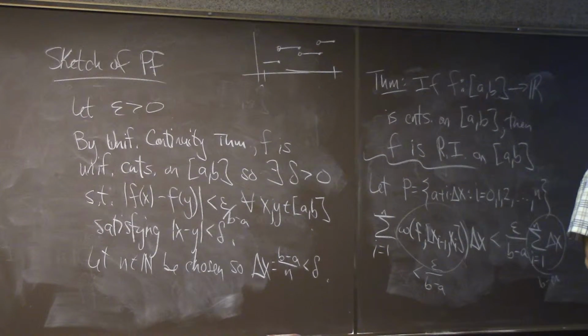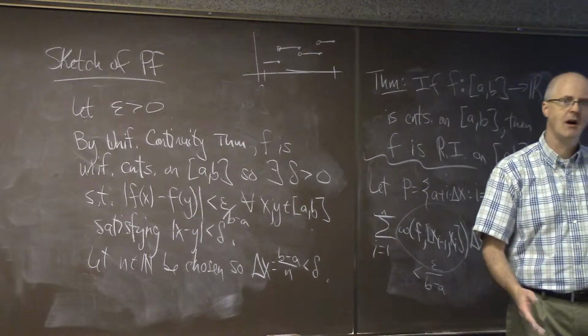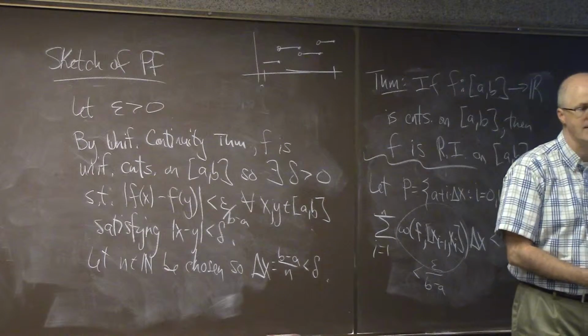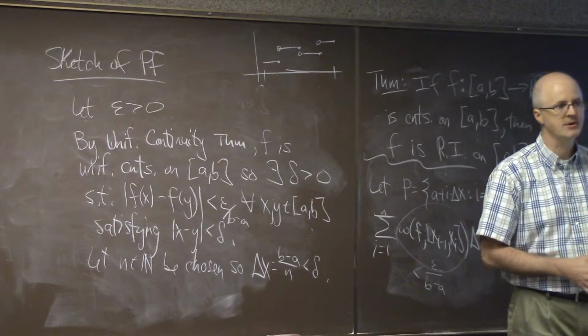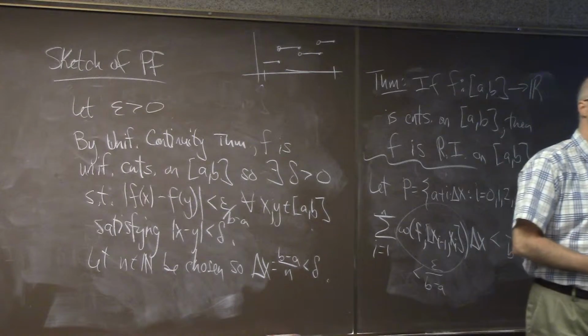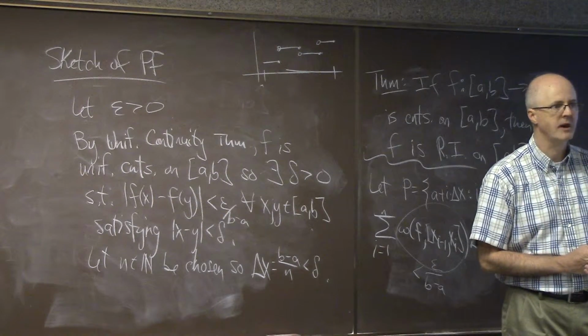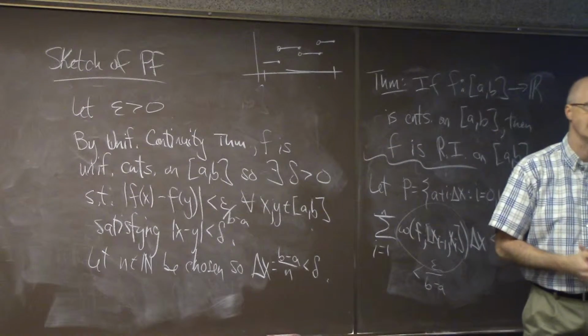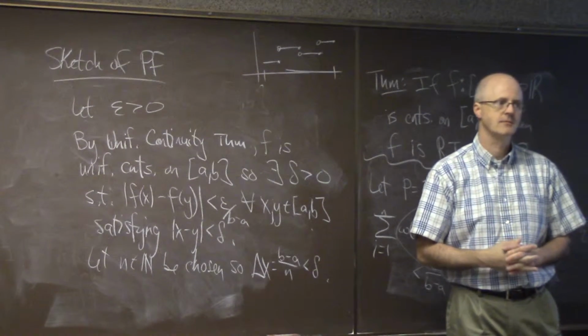So these conditions are only sufficient conditions for Riemann integrability. They're not necessary. It's sufficient for the function to be continuous. It's sufficient for the function to be monotone. In either case, you get a Riemann integrable function. But you should know that there are Riemann integrable functions that are neither continuous nor monotone.